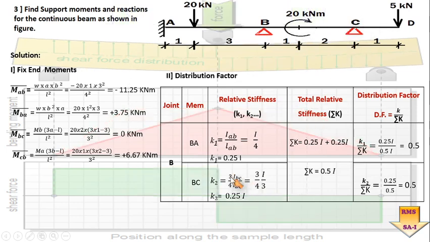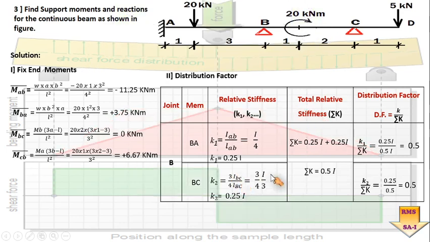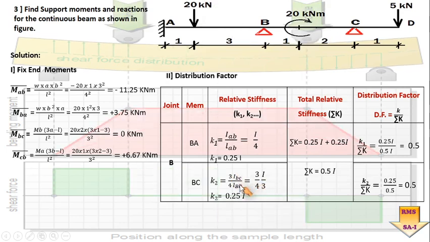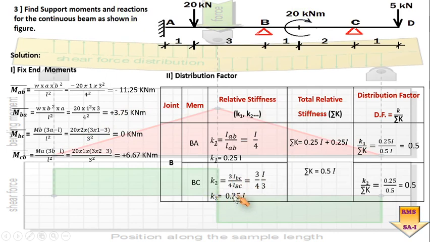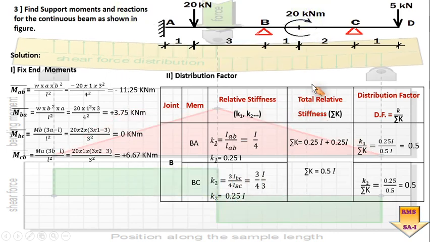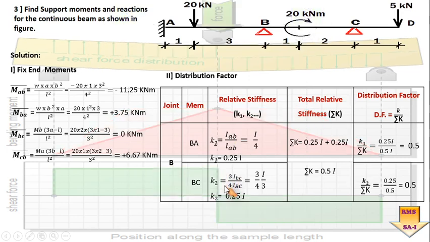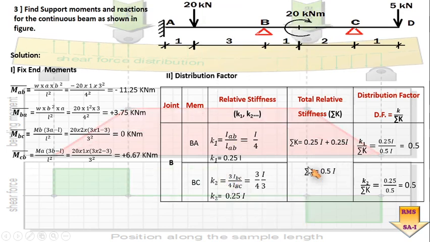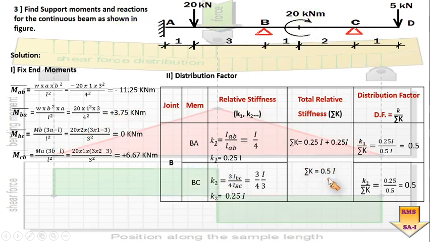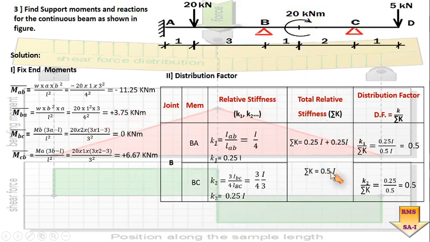So that's why it is taken as relative stiffness 3 by 4 I by L. Putting the appropriate value of the moment of inertia and the length, we get K2 again equal to 0.25 I. Next is the total relative stiffness about point B, which is K1 plus K2. Substituting the values, we get the algebraic summation of total relative stiffness equal to 0.5 I.